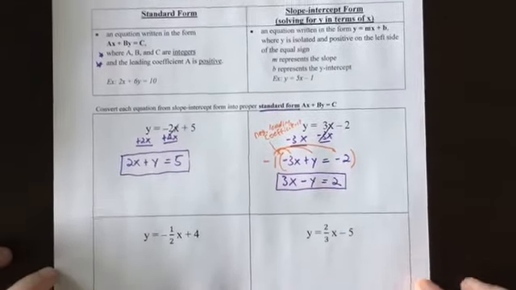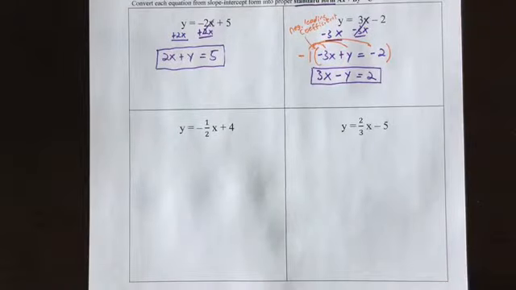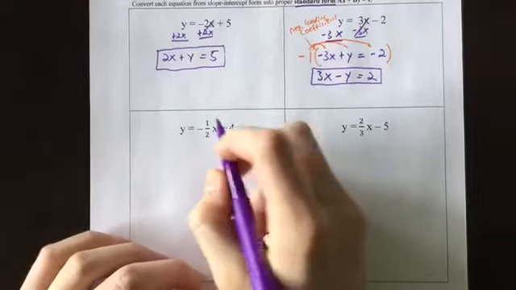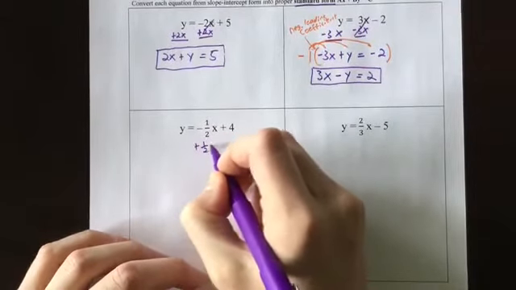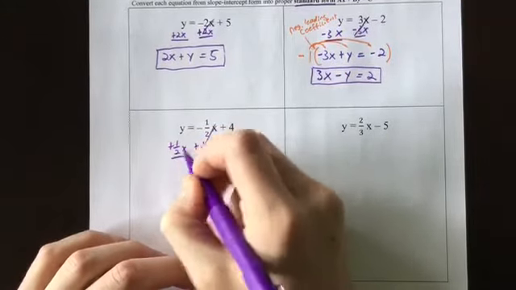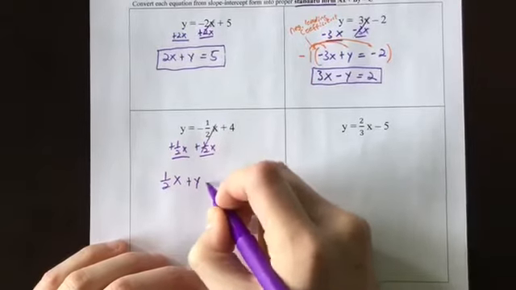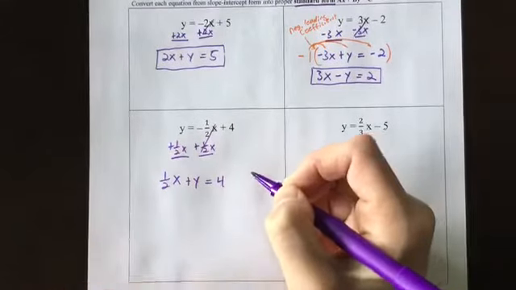Okay. Let's look at our next equation. y equals -1/2 x plus 4. I'm already nervous about that fraction. It's not an integer. So we'll start by adding 1/2 x to both sides. Makes our equation 1/2 x plus y equals 4.